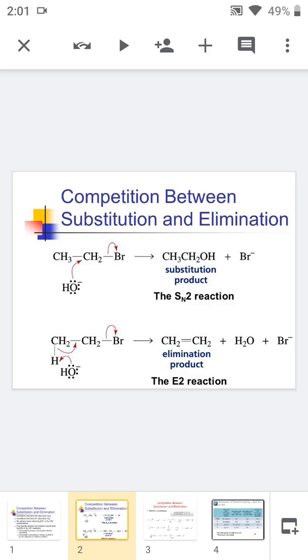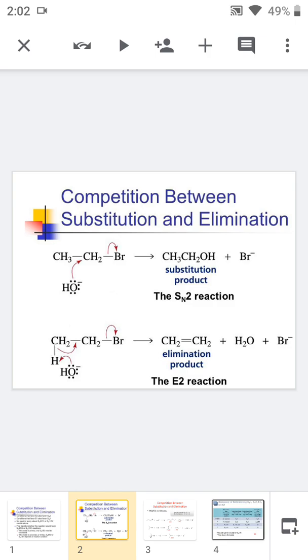At the same time the OH minus ion forms a bond with the carbon and the substitution reaction occurs. Whereas in the E2 reaction, elimination occurs simultaneously. The abstraction of the proton from the carbon atom occurs, so the alkene is produced in the E2 elimination reaction.